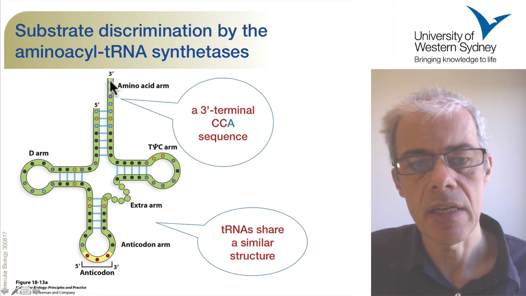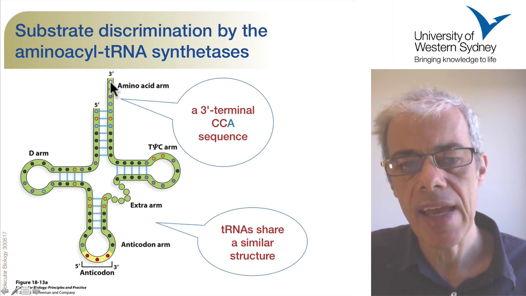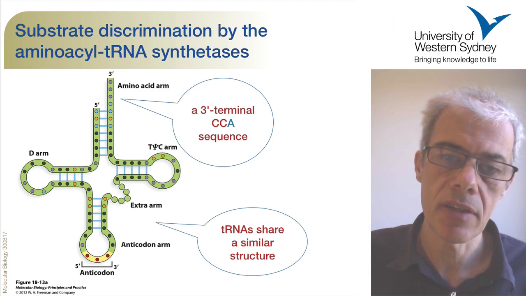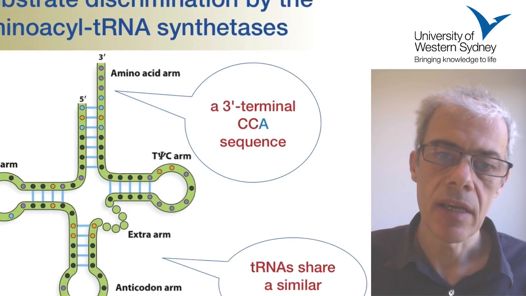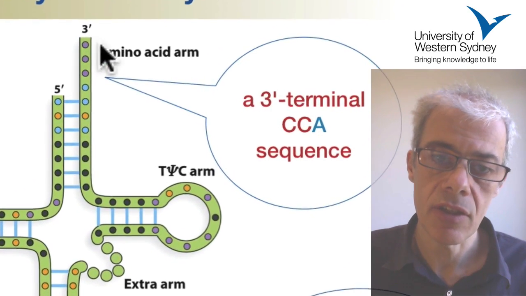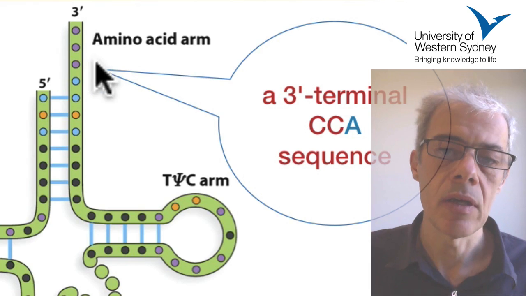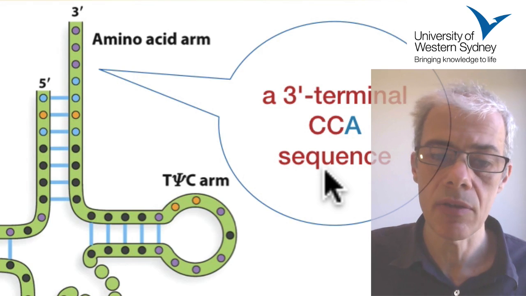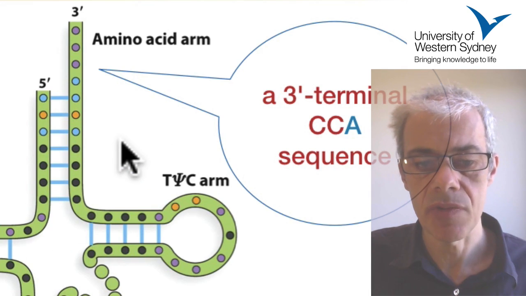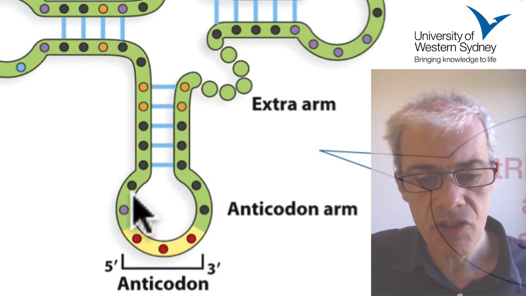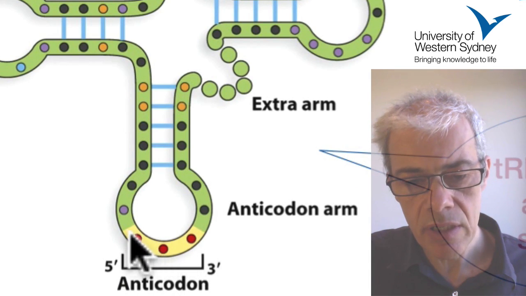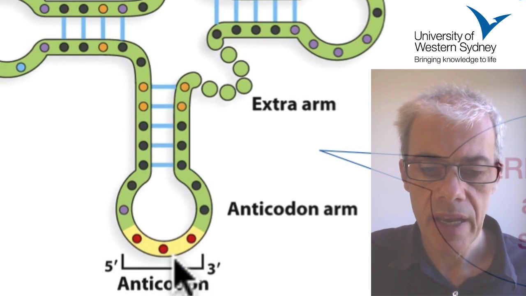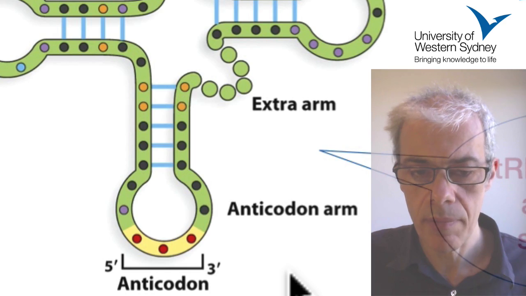So C, C, and then the A. Now the terminal A is where the amino acid is attached, as shown in those previous slides, where the amino acid activation occurs and is attached to the terminal adenine. Okay, and that sequence is conserved across all transfer RNAs. And don't forget, the cell's got more than 20 of these transfer RNAs. Unique to each transfer RNA are the bases here. And this is because this forms the anticodon that interacts with the messenger RNA codon.